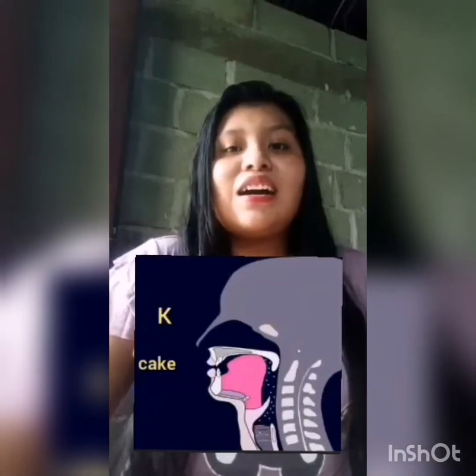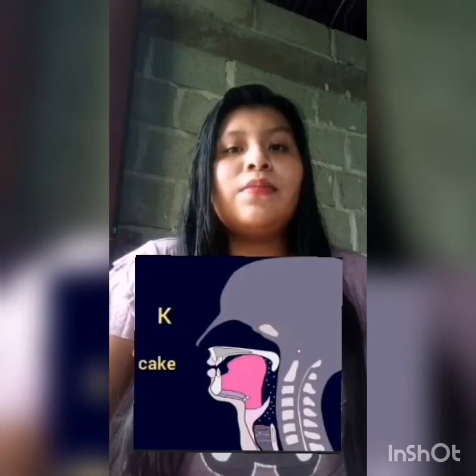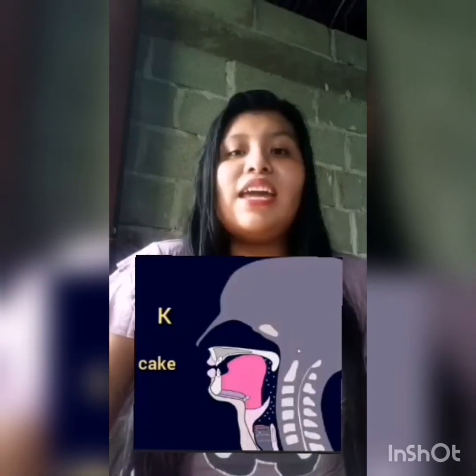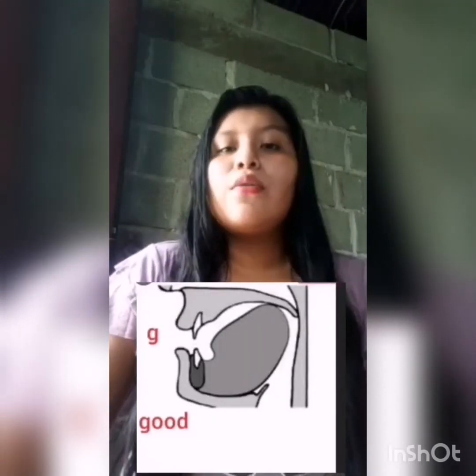The other important thing about the velum is that it is one of the articulators that can be touched by the tongue when we make the sounds K, for example cake, and G, for example goop. Contact with the back part of the velum, and we call this a velar consonant.